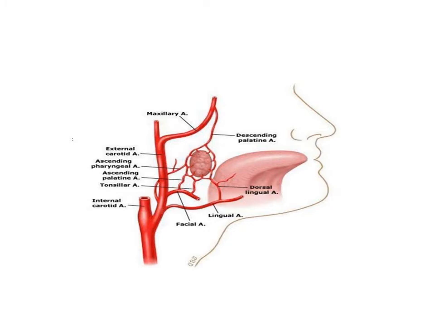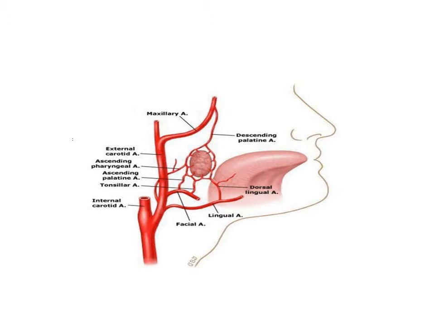The important information you should know is the blood supply of the tonsil. It is very important because the main complication of tonsillectomy is hemorrhage or bleeding. So we have to know the details.